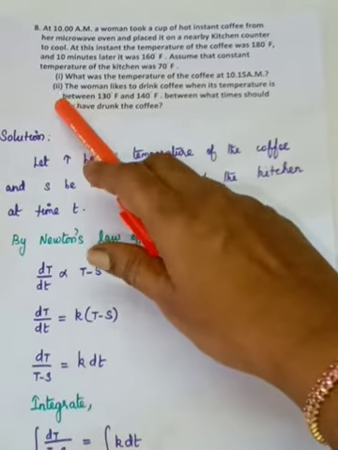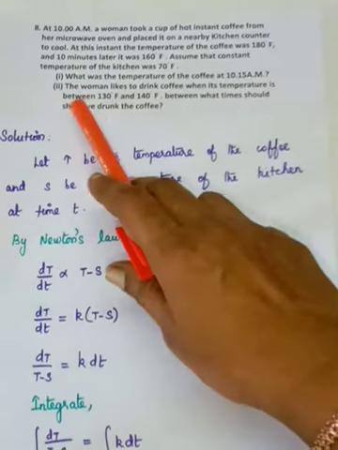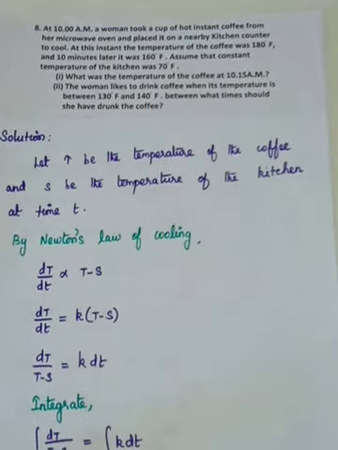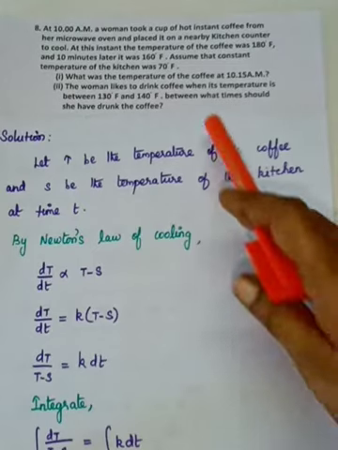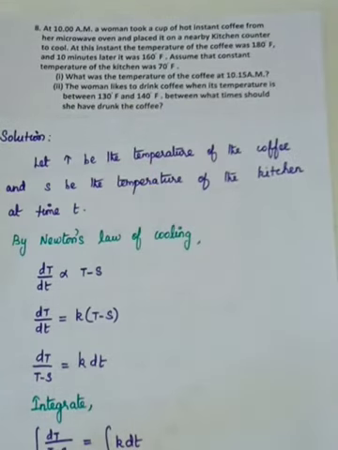The second subdivision is, the woman likes to drink coffee when its temperature is between 130 degree Fahrenheit and 140 degree Fahrenheit. So what time should she have drunk the coffee? We have to find the time.